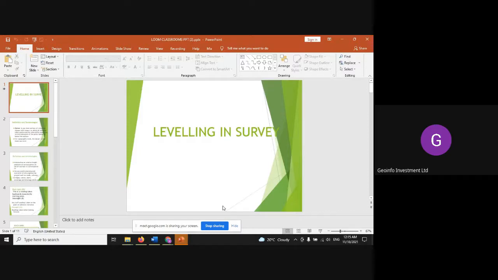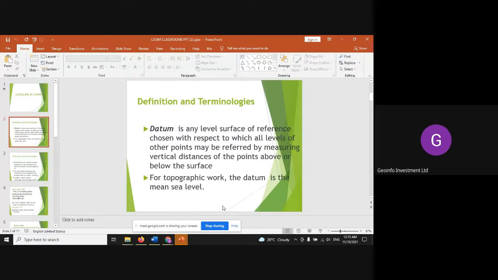So first of all, let me ask you, Mr. Wetapa, what is leveling? Okay, thank you. Leveling is the process of shaping a piece of land so as to make sure that there is uniformity in terms of reduced levels. That is actually the right answer.